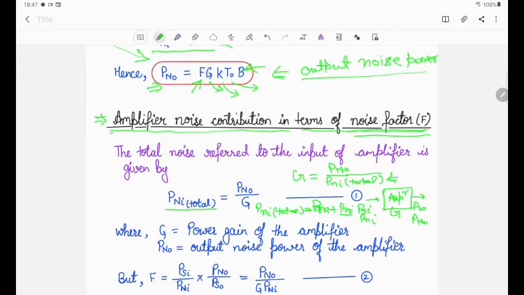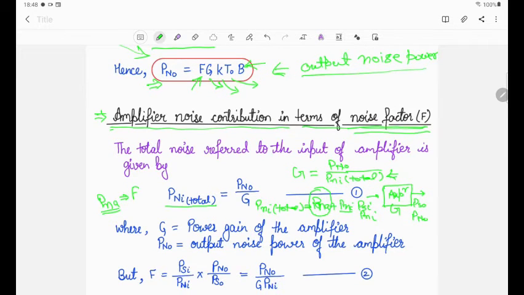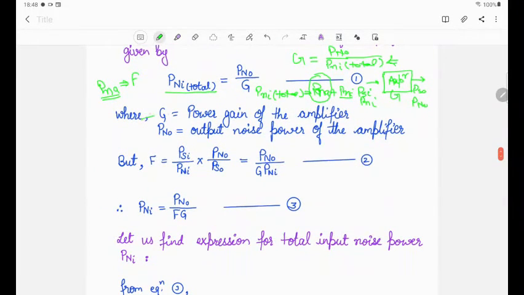Okay, so let us calculate this amplifier noise. Our aim is to find the PNA, that is in terms of the noise factor. G is the power gain of the amplifier and PNO is the output noise power of the amplifier, that I already explained. And we know that the noise factor is PSI divided by PNI multiplied by PNO divided by PSO.